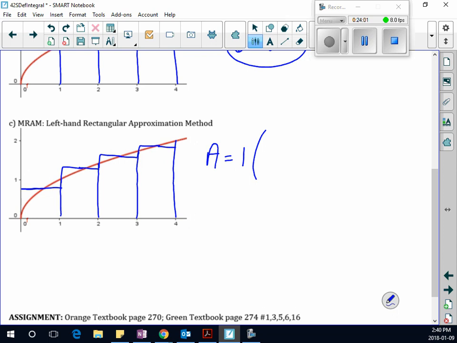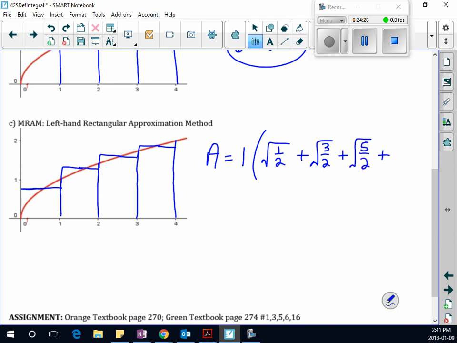So now, this is halfway, it's the square root of a half, right? And this is 1.5 or 3 over 2, so it's the square root of 3 over 2. Everybody good with what I'm doing? And then 2.5 is 5 over 2, so this would be the square root of 5 over 2.